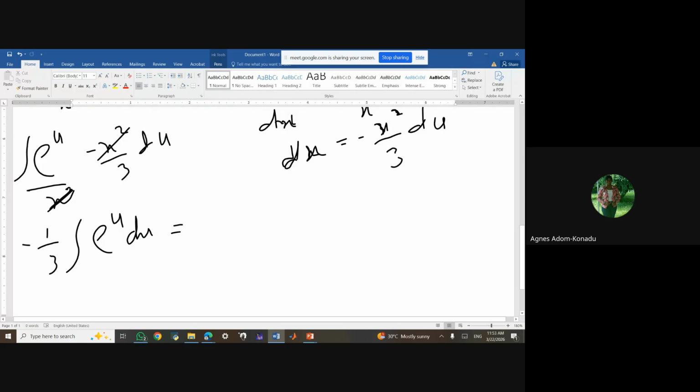Then I can integrate directly. This will give me -1/3 e to the power u plus c. And I know that my u is 3 on x, then plus c.